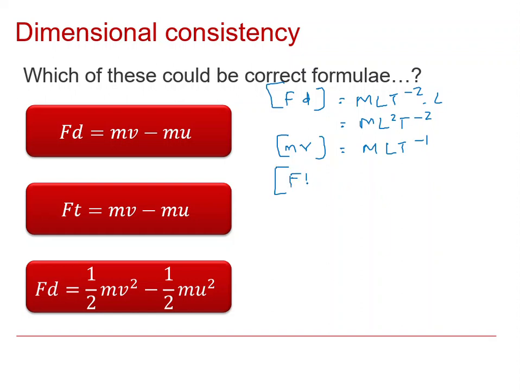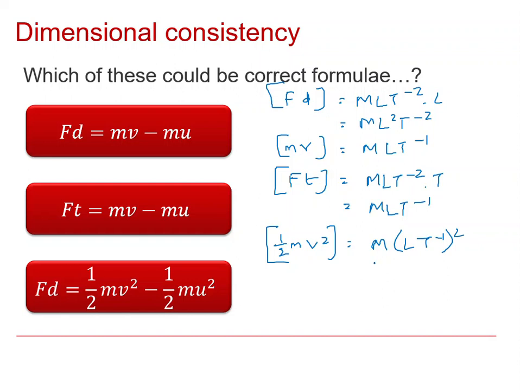Ft comes next, and that's force times time, so that's MLT to the minus 2 times T, so that gives us finally MLT to the minus 1. mv we've already done, and we've already assumed mu is the same. Fd we've also done, and finally we've got a half mv squared. So half is dimensionless, and that's mass times velocity, LT to the minus 1, squared, so that gives us ML squared T to the minus 2.